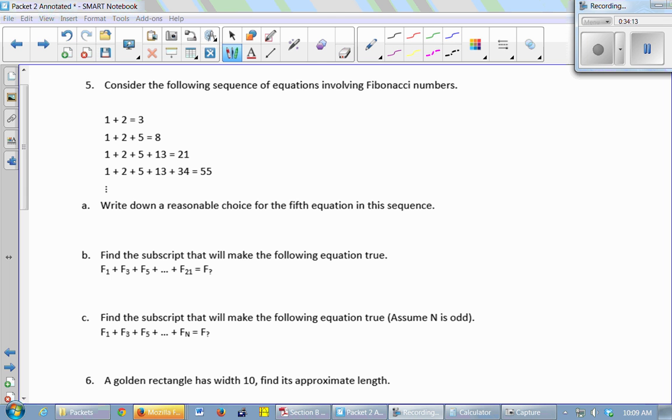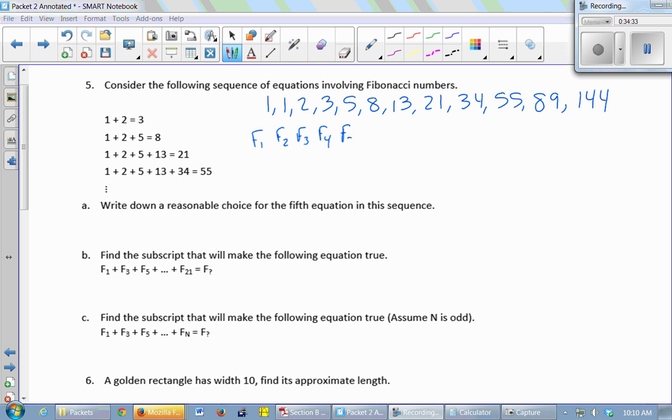So I'm just going to write down the list here. 1, 1, 2. And this is F1, F2, F3, F4.